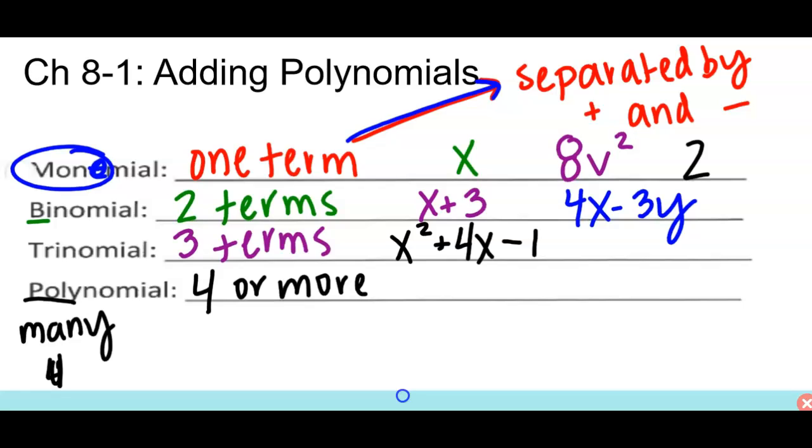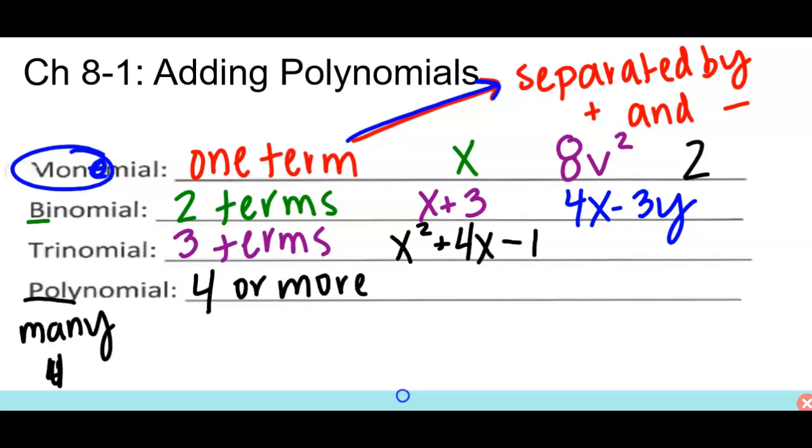So a monomial is a variable, or it's a combination of a number and a variable. It's just a number. What do we call just a number by itself? Jane? Do you remember? What do we call a number when it's just by itself? Constant, yeah.